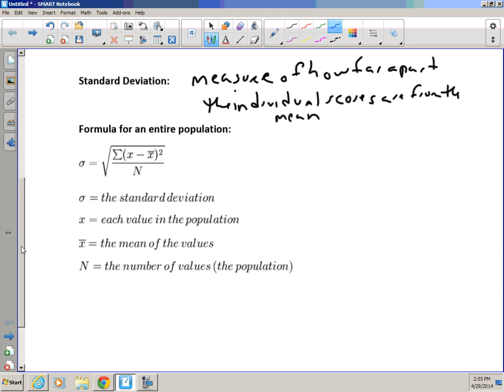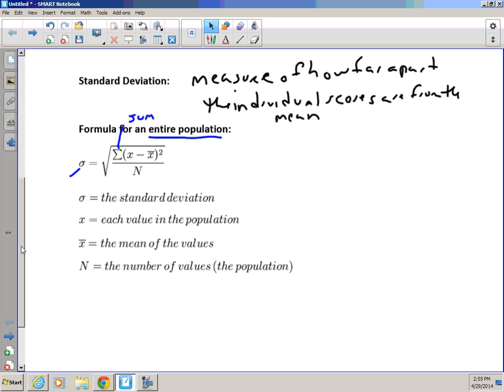That's just the standard deviation. And what we're first talking about is the entire population. And again, as I said, the calculator does this for you. You just need to know what it shows up as on the calculator. This is uppercase sigma, which means the sum. In parentheses it says take every score minus the mean, square that, divide it by n, which is the number of scores, and then take the square root of that.